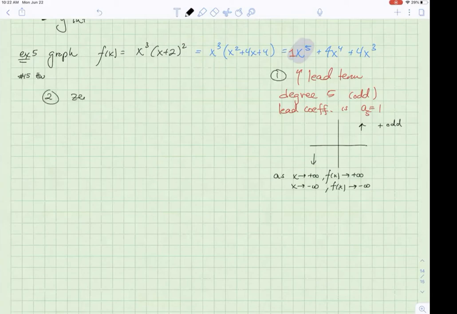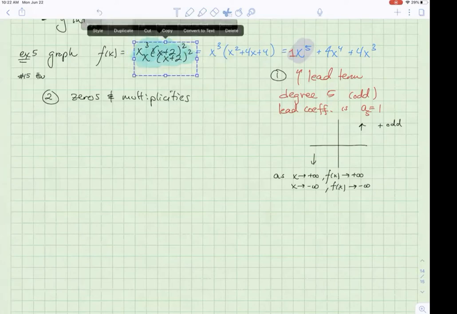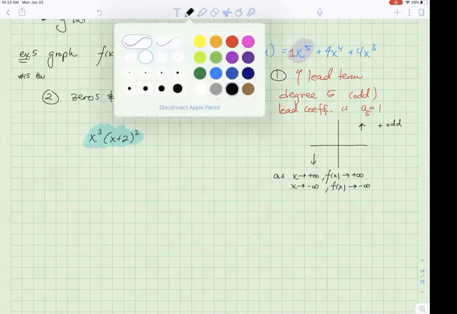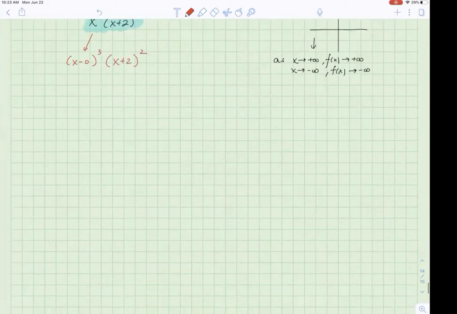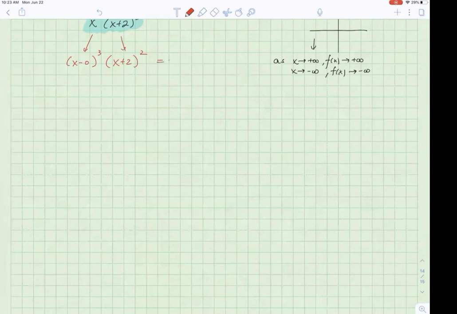Step 2, I need the zeros and their multiplicities. That is going to come from this factored form. So let me grab that. I'm going to actually rewrite that. Some people have a hard time with this because of that x cubed. So it might help if you rewrote this as x minus 0 quantity cubed and x plus 2 squared, and that will equal 0.